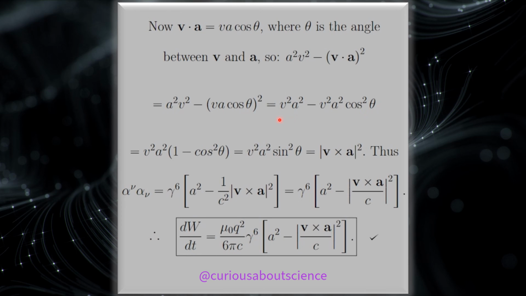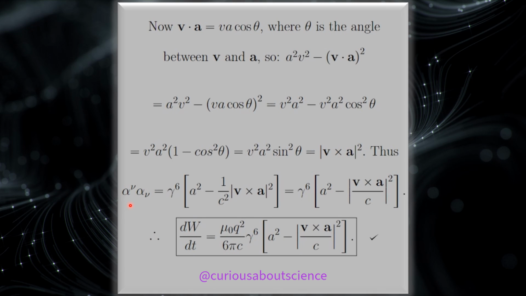Now you see that we have a v squared and a squared that we can factor out, and we do that here. Then we're left with 1 minus cosine squared theta. But via the Pythagorean identity, that's equal to sine squared theta. This looks like the magnitude of a cross product squared. So va sine theta is the magnitude of a cross product, hence we write v cross a, and of course square it.